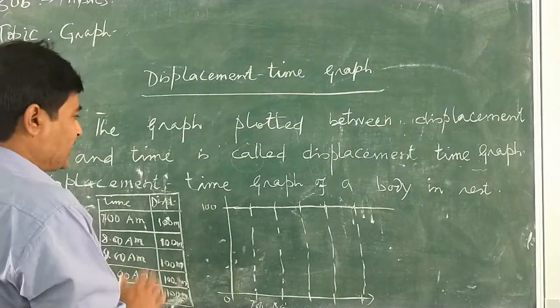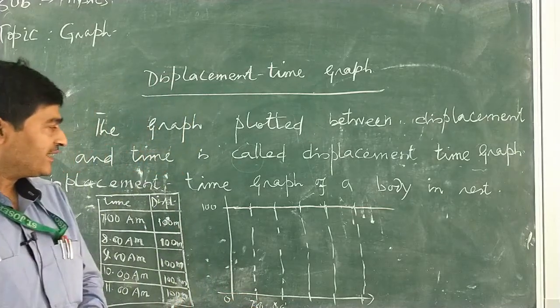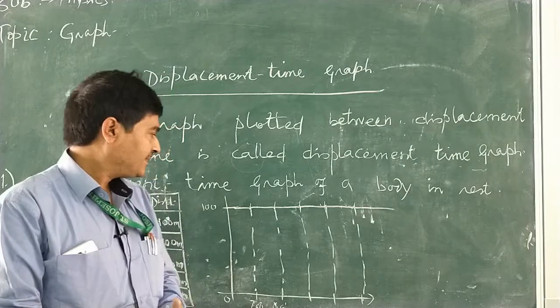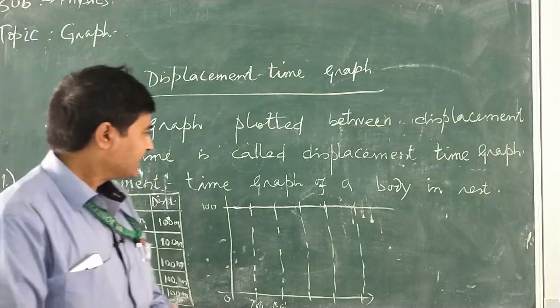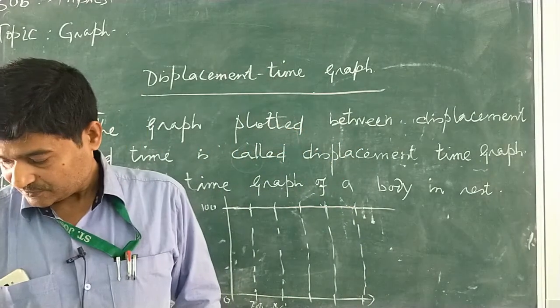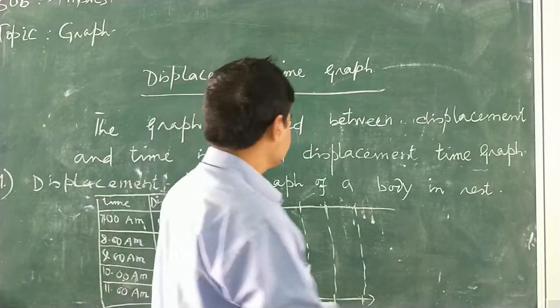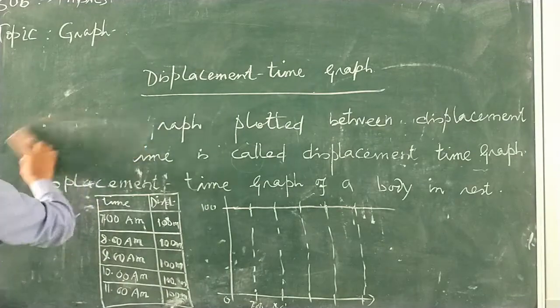And if the displacement time graph of a body is a straight line parallel to time axis, what can we say about the graph? Therefore, two questions arise regarding displacement time graph.